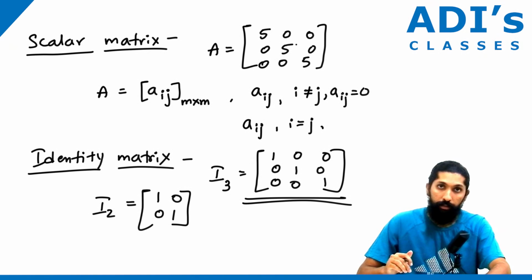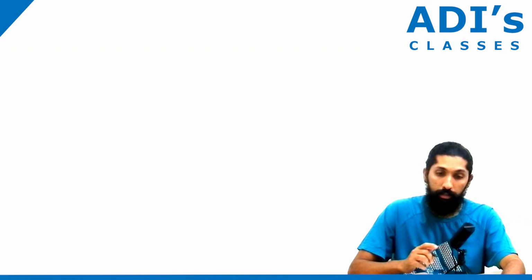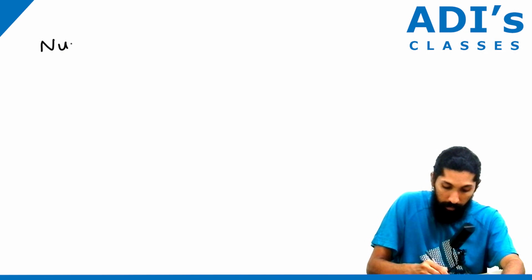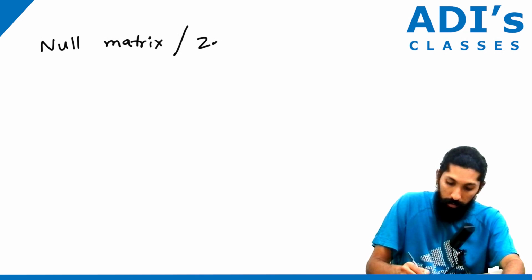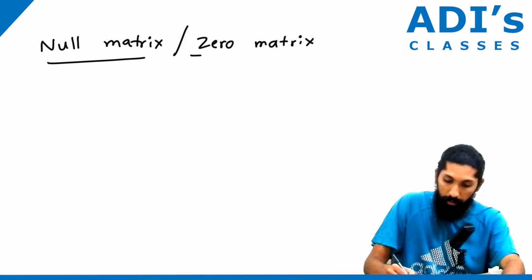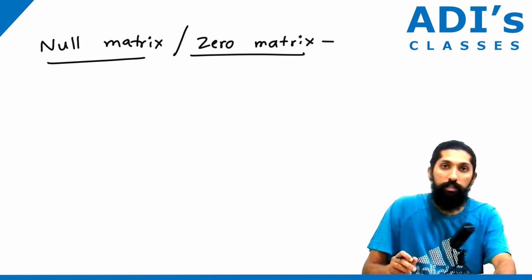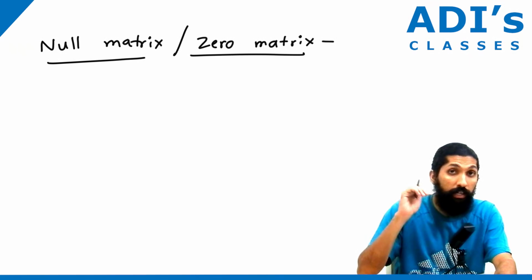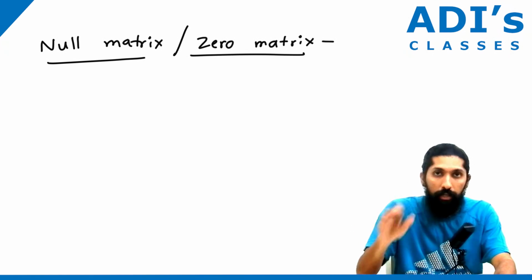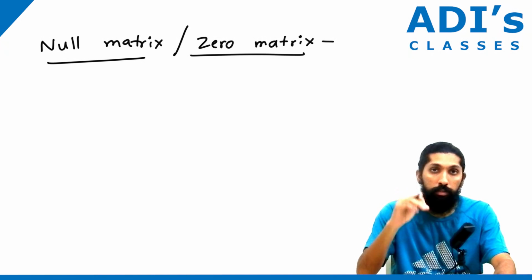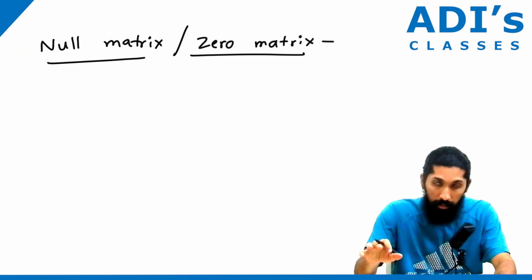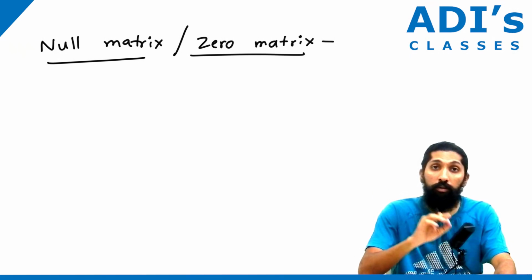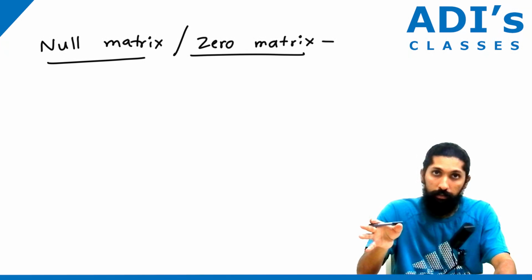Now the last type of matrix is what we call a null matrix or zero matrix. See, this is a matrix whose every element is 0. Irrespective of the position of the element, if every element is 0, then it is what we call a zero matrix or null matrix.